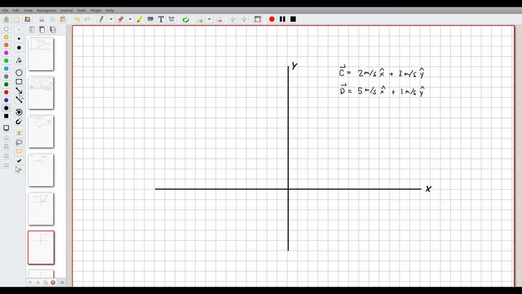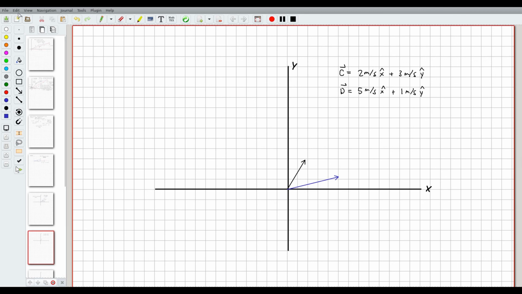We'll do C again in black. It is 2 over and up to 3. There's about C. D is 5 over and up 1. It's about there.